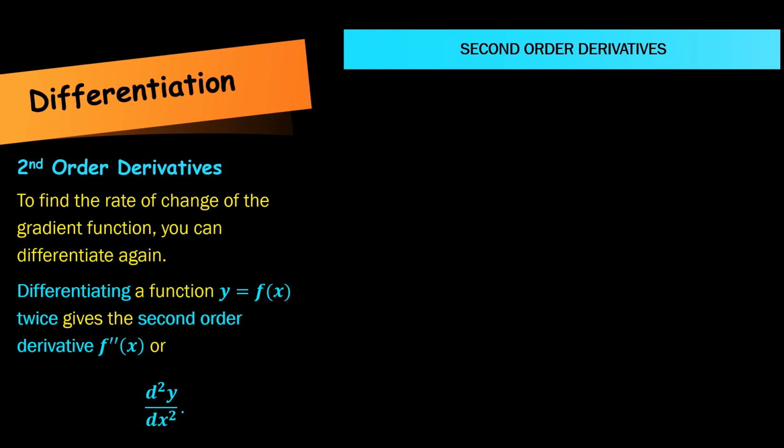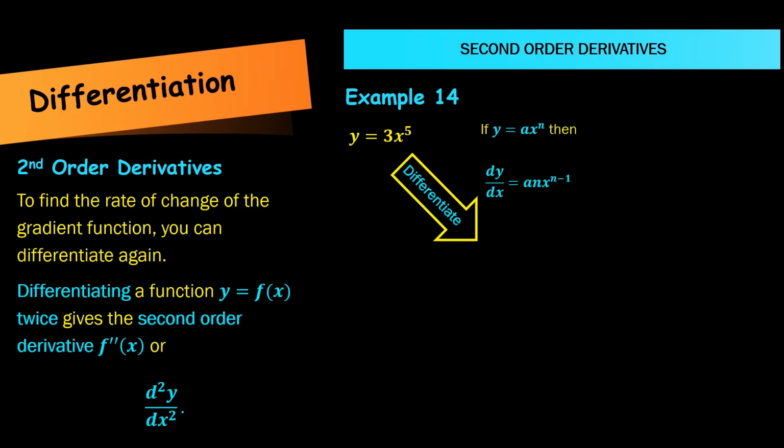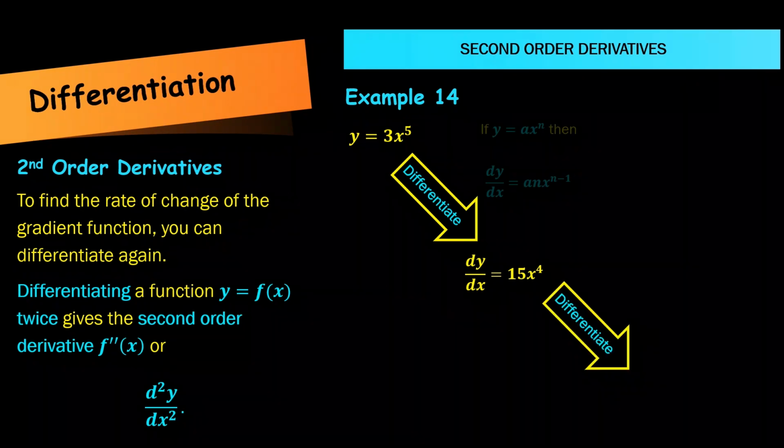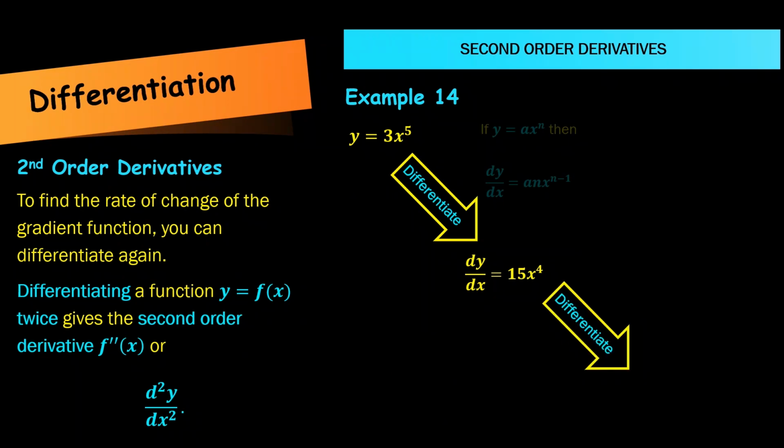If y = 3x^5, we can differentiate by using this formula to obtain dy/dx = 15x^4. We can differentiate this again by using this formula to obtain d²y/dx² = 60x^3.